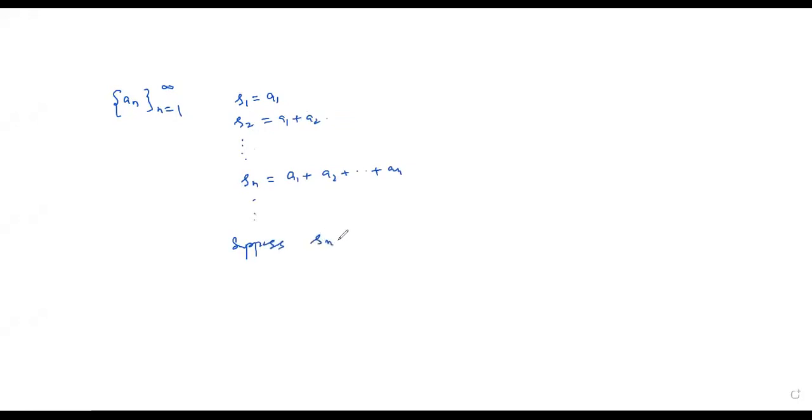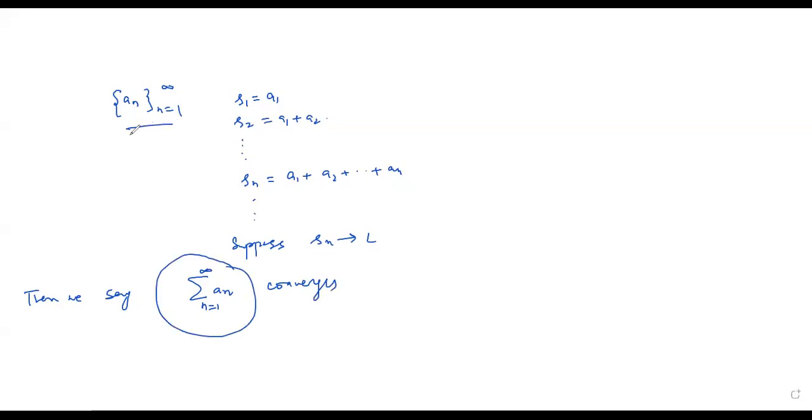sequence of partial sums converges to some number L, then we say summation a_n, n runs from 1 to infinity converges, and we call it the series. The series converges, the sequence converges. इस तरह से फिर हम कहते हैं अगर इसके nth partial sums converge होते हैं तो we say that series converges, and we write it like this.